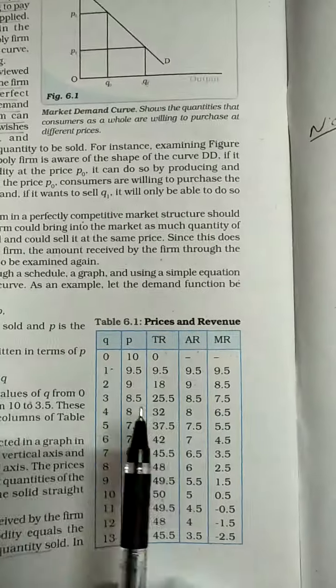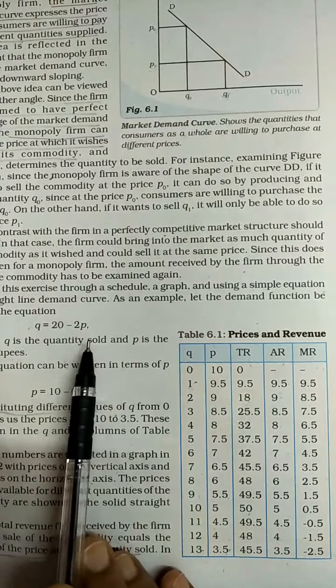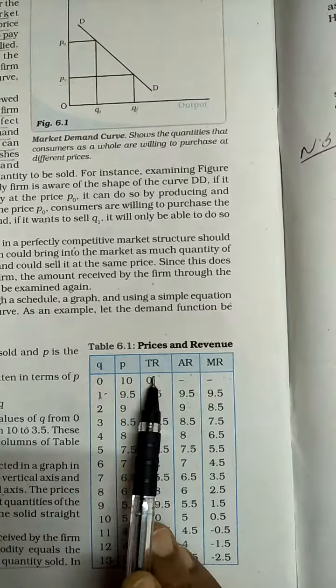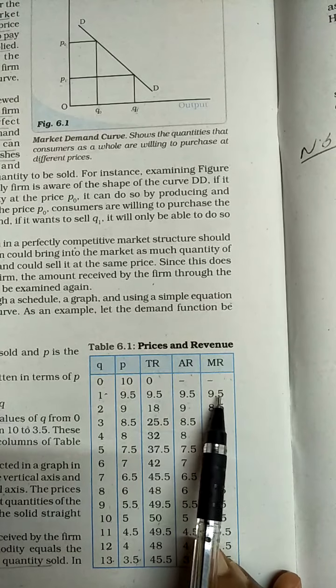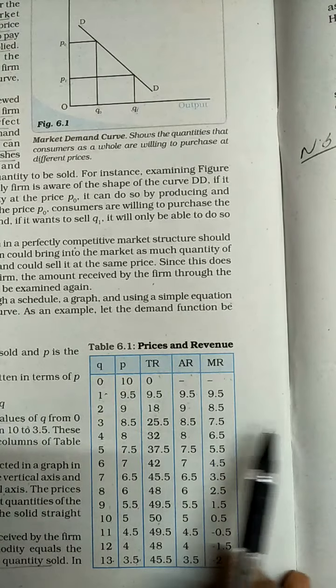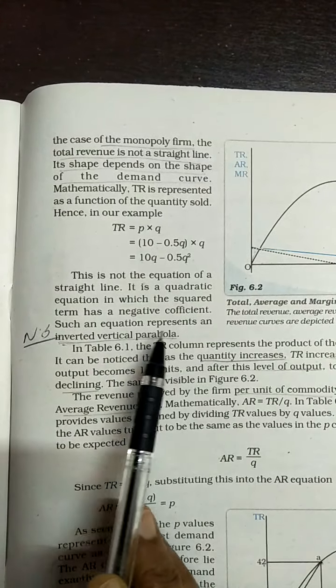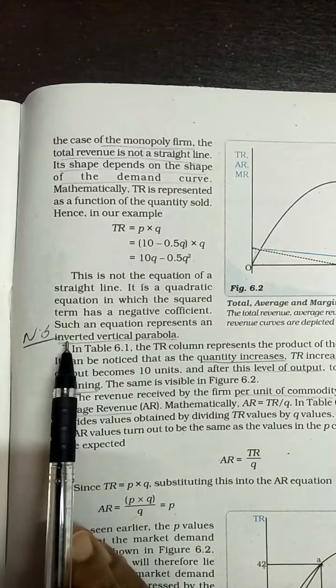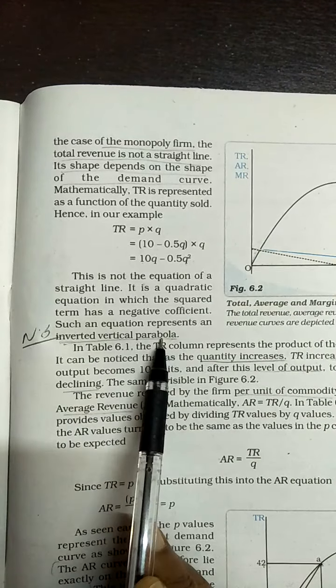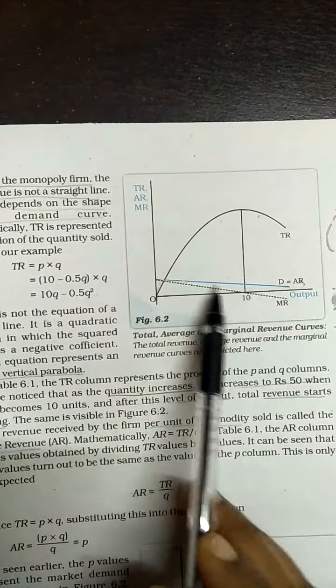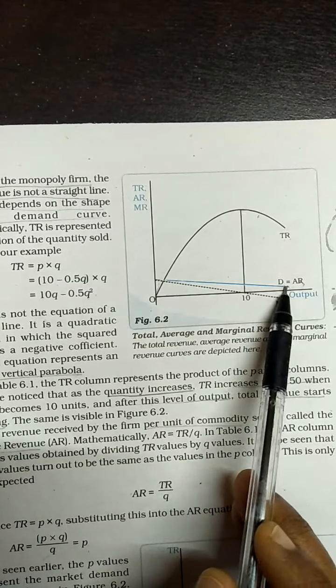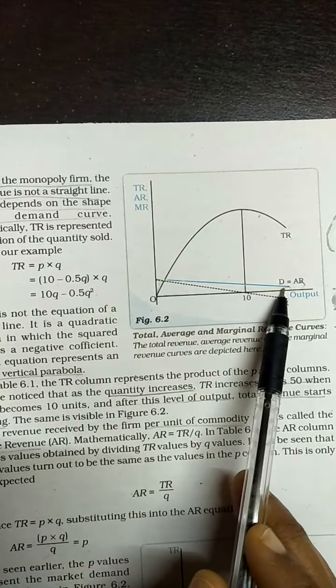And again, if a demand function is given, we should know how to derive the total revenue, average revenue, and marginal revenue, which I will explain in the next video. The other important point is the shape of the total revenue curve in a monopoly firm. What is the shape? That is the inverted vertical parabola, because the market demand curve has the shape of a negatively sloped straight line.